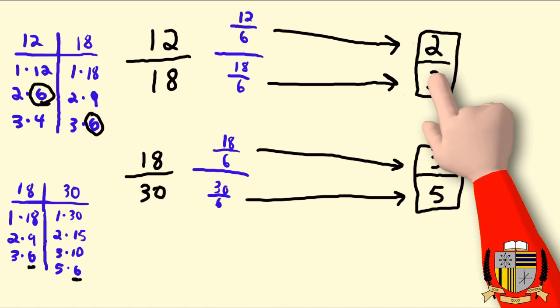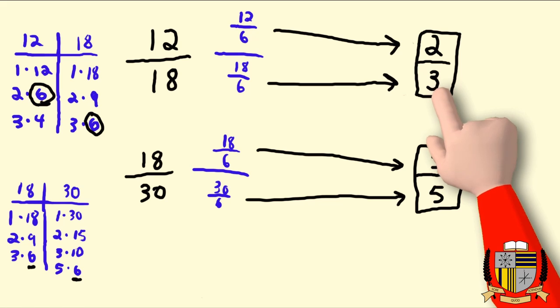And this is important to know, because teachers want to see answers like this in simplified form. So we have to get used to this. Okay, and that's all for now.